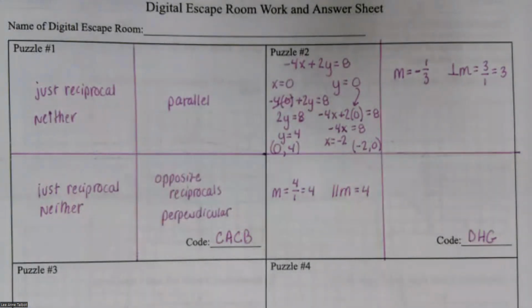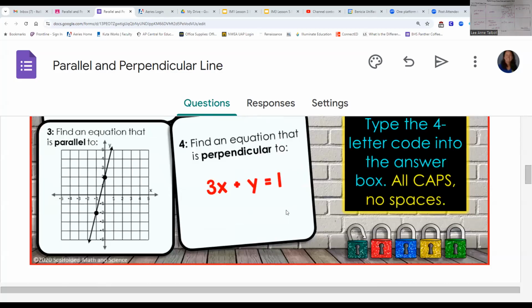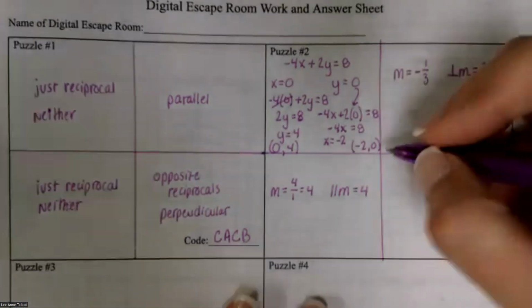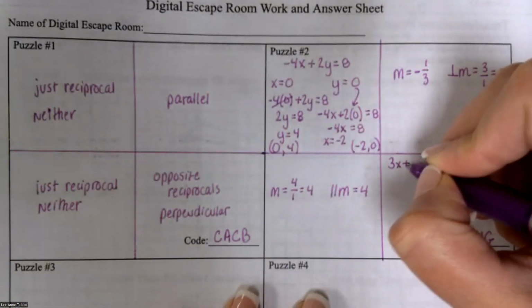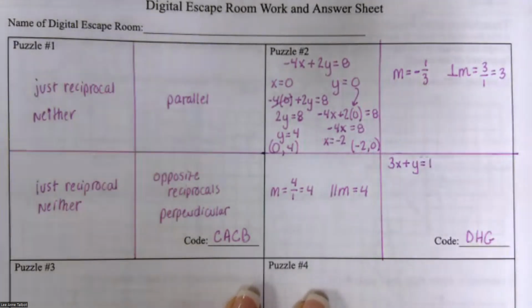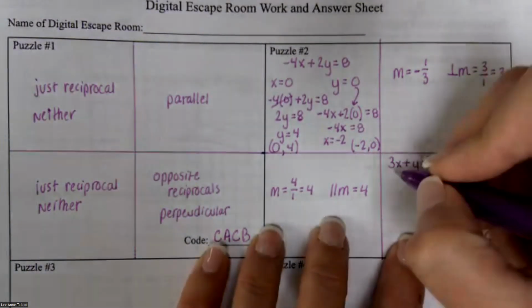Of course, my box is not going to have enough room, but I'm going to do my best. 3x plus y equals 1. So put that up at the top. Notice my tiny writing.